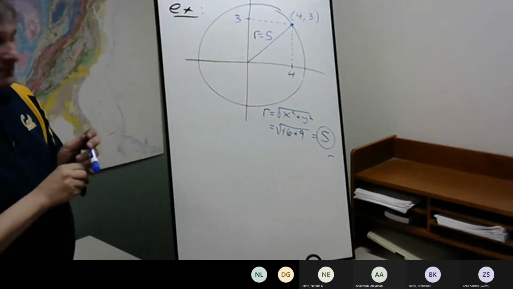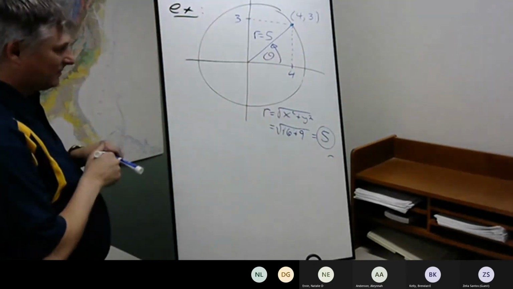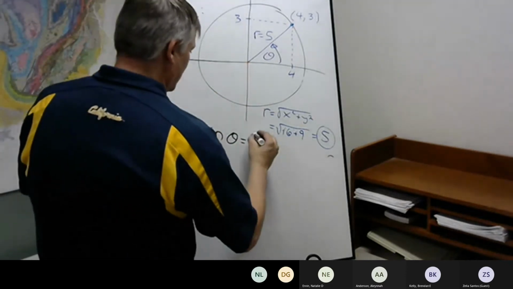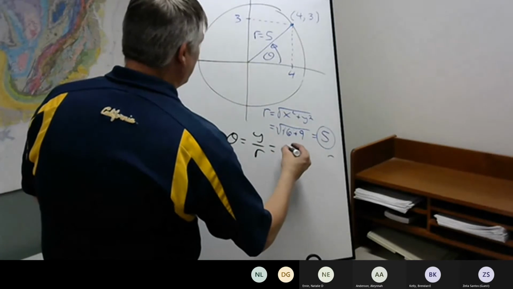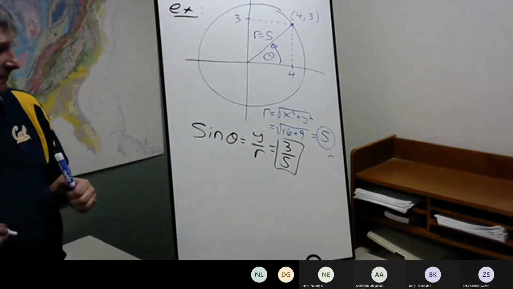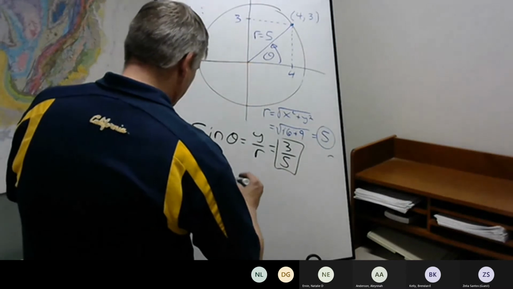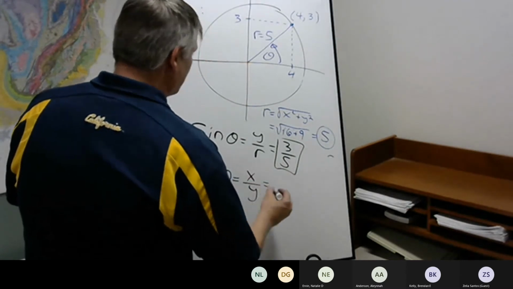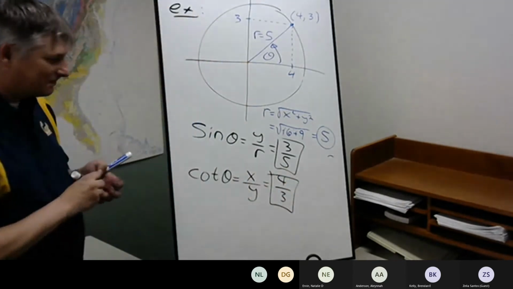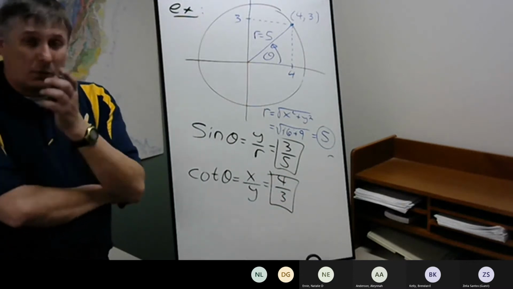So if we want, say, the sine of theta, well, sine theta, that's y over r, which would be 3 over 5. And that's it. Cotangent of theta, this is x over y, or 4 over 3. And that's basically how you work with your trig functions. Questions about that?